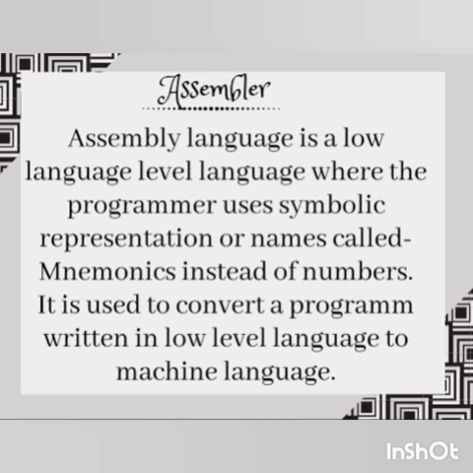Lower level languages use mnemonic codes instead of numbers. That is why they are not frequently used, as one must have proper knowledge before using it, and it is also not suitable for smaller capacity computer systems. So this is the disadvantage of assembler.